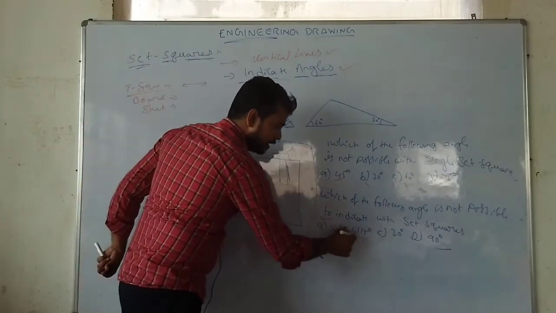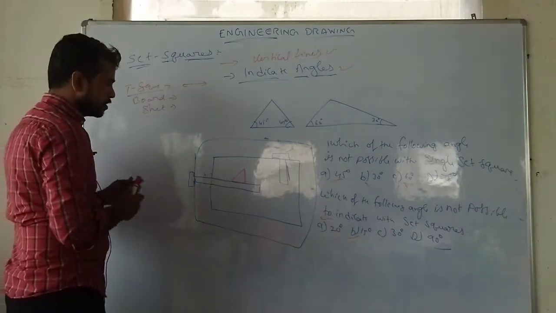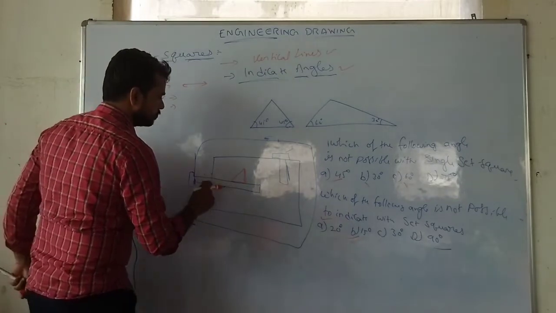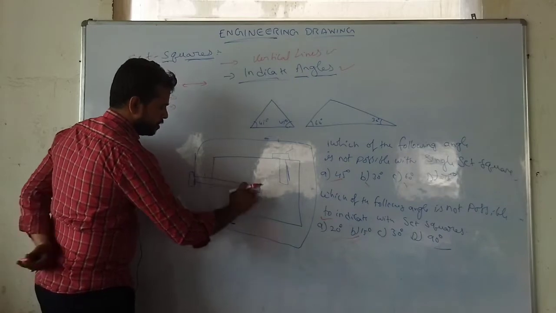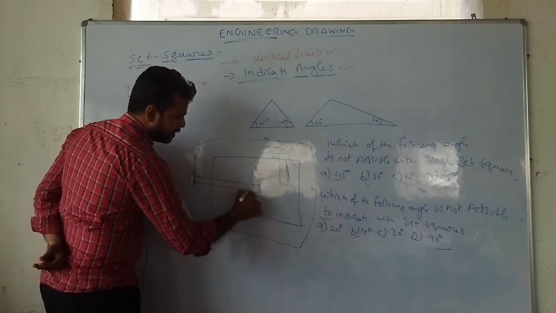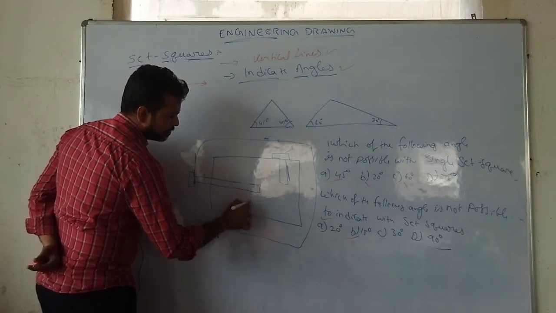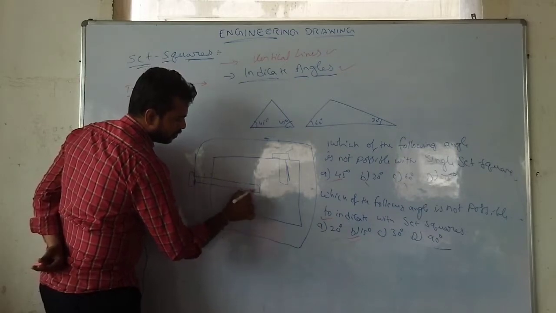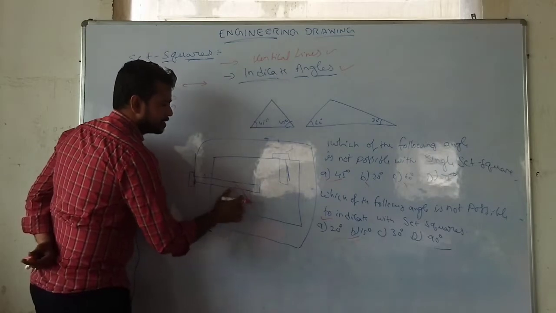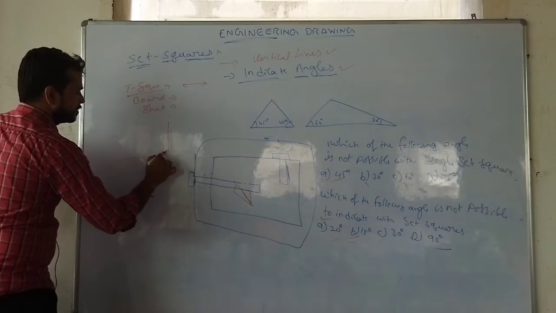Sir, can we indicate 15 degrees? Yes, of course we can indicate 15 degrees. Suppose just now I said this is the blade. Here if you place 45 degrees set square and again you place 30, 60 set square, that means in a plane it is 90 degrees.